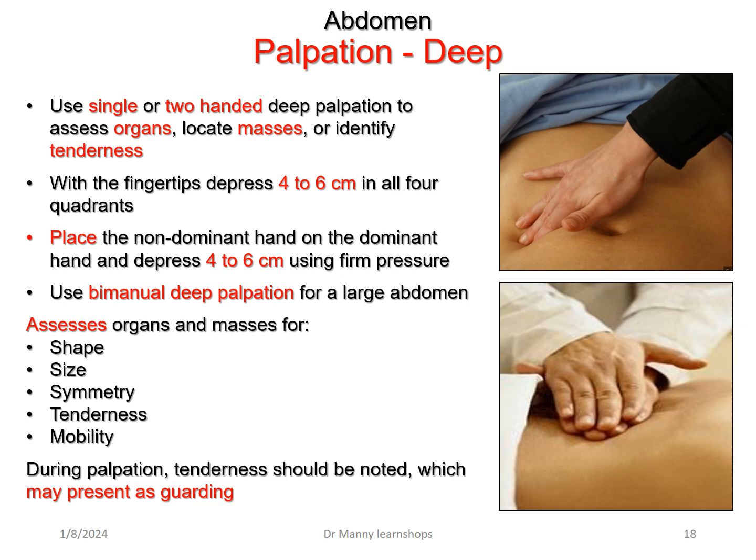You can use bimanual deep palpation for a large abdomen, but ultimately you are assessing for shape, size, symmetry, tenderness and mobility. And during palpation, tenderness should be noted, which may be present by looking at the face, facial grimacing or guarding.